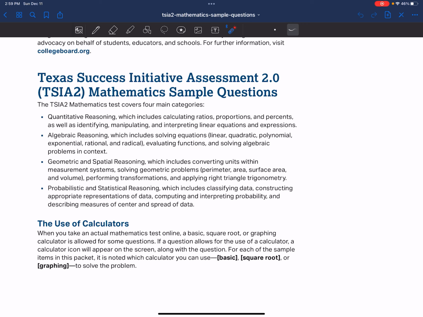That online test is going to include a basic calculator, maybe one that can do square roots, and a graphing calculator. For some questions, meaning not every question is going to have access to these types of calculators. The calculator type is determined per question, so you'll either see that icon or you won't. Okay? All right.